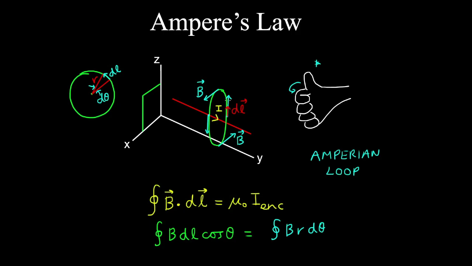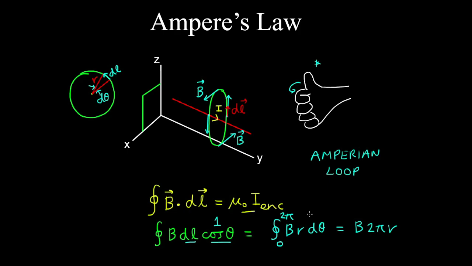So dl is always in the direction of the magnetic field, being tangent to the circle. So cosine theta, being the angle between the two vectors, evaluates to 1. And here we're integrating from theta equals 0 to 2 pi. So the integral evaluates to the magnitude of the magnetic field, which is constant, times 2 pi r.